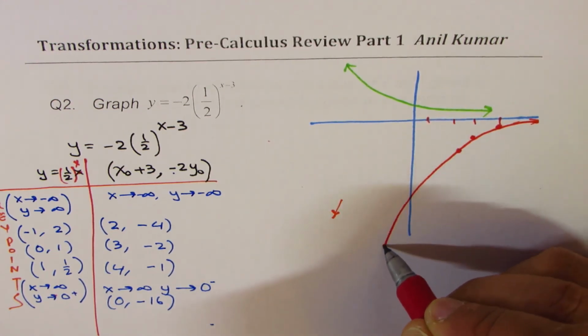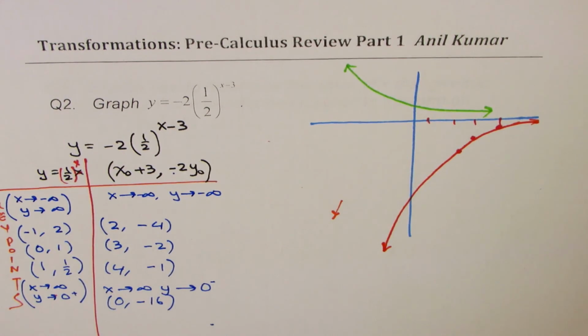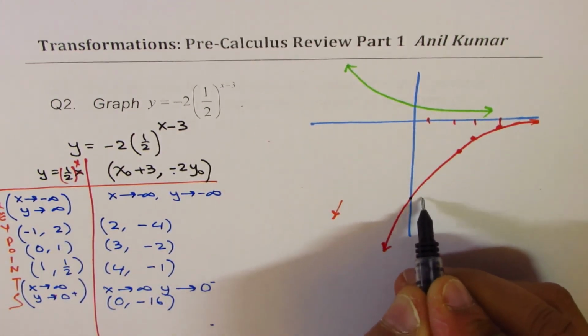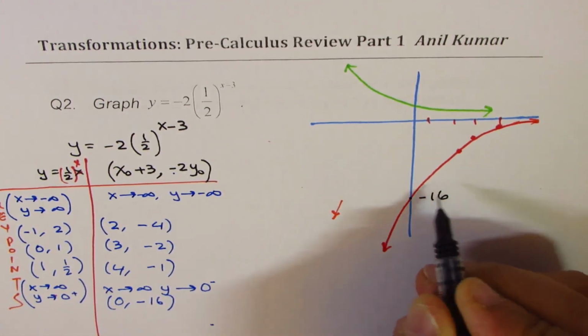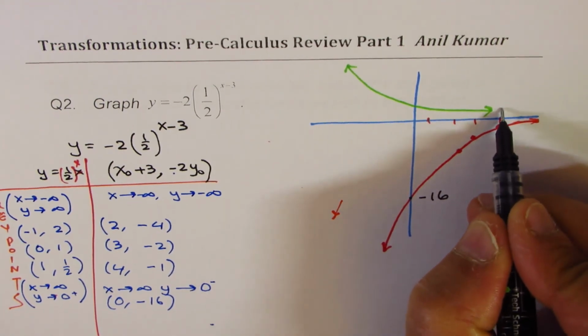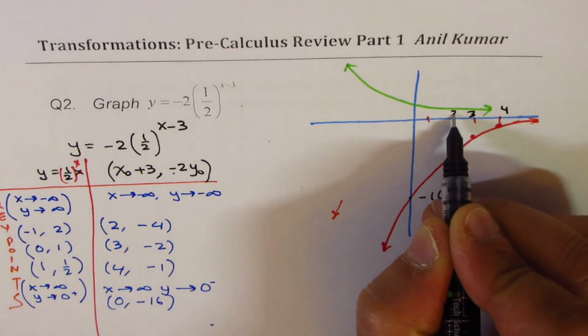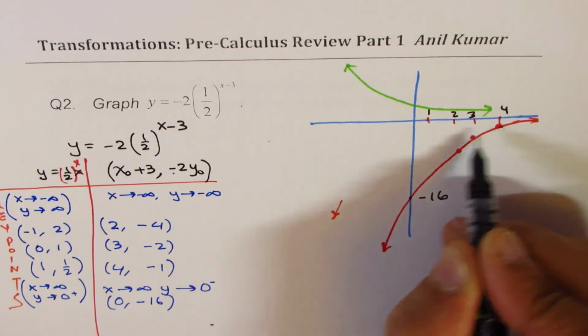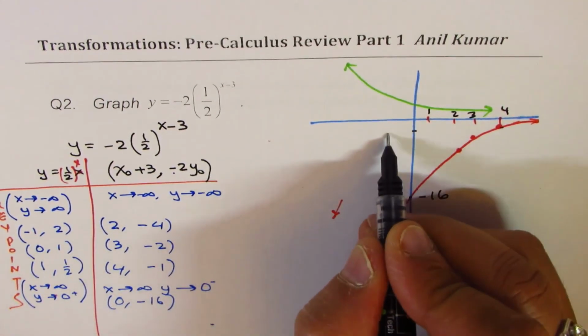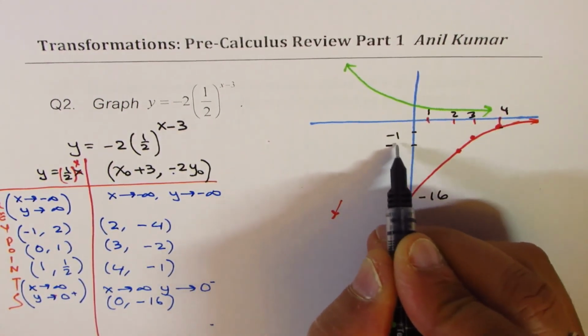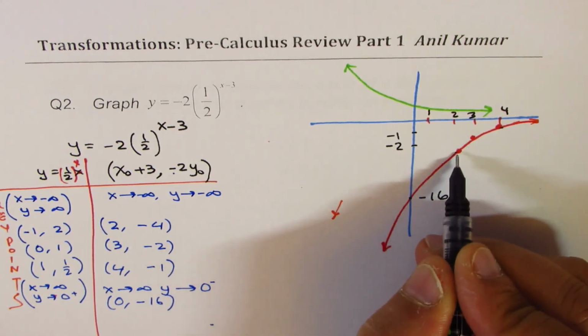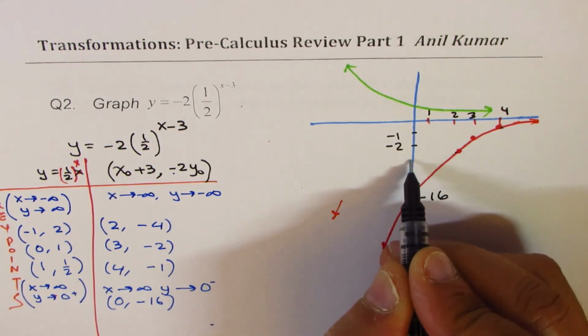Do you see that? Where the particular point, which is the y-intercept, will be minus 16. Do you see that? So this is 4, this is 3, 2, 1. And these values, as you can see here, are minus 1, minus 2, and minus 4.